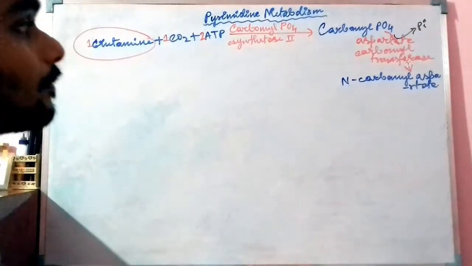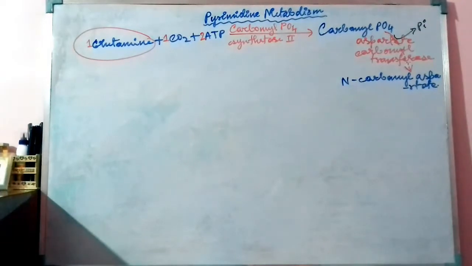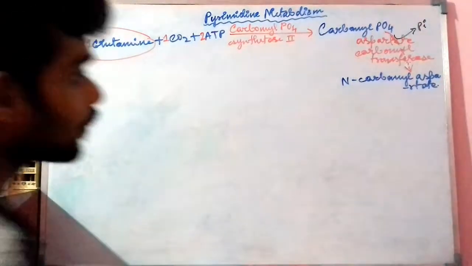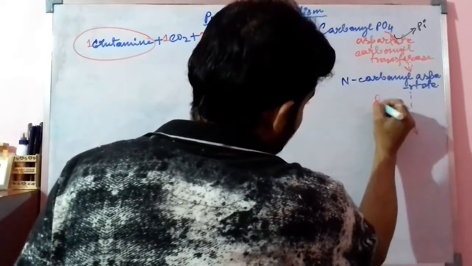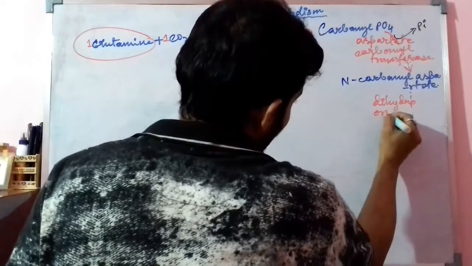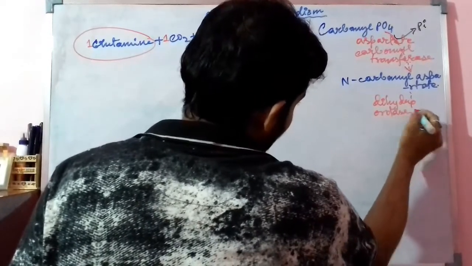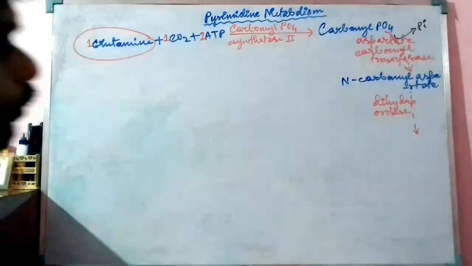Now this N-carbamyl aspartate, in the presence of another enzyme called dihydroorotase, gets converted to dihydroorotate.